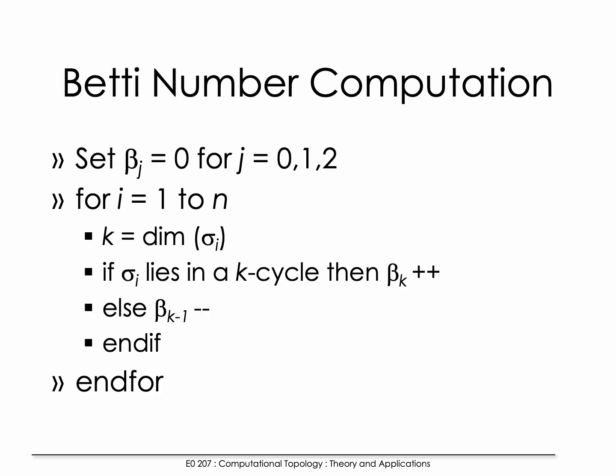In the incremental algorithm for computing Betti numbers, we already saw that during the process of computing the Betti numbers of a given simplicial complex K, we compute the Betti numbers of all simplicial complexes in the filtration. So what did we do there? We initialized Betti sub j to be 0.